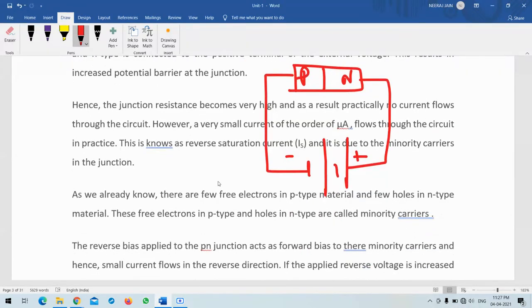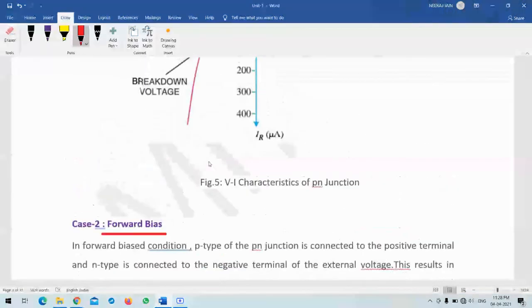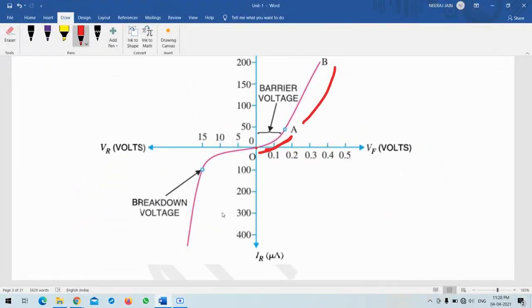In this case the junction resistance is very high, and as a result no current flows through the circuit. However, in practice a very small current of the order of microamperes flows through the circuit. As shown in the characteristics, that current is in the microampere range. Very small current flows.